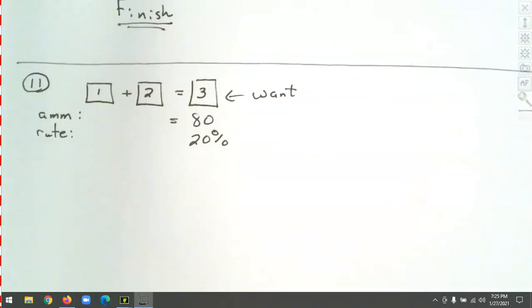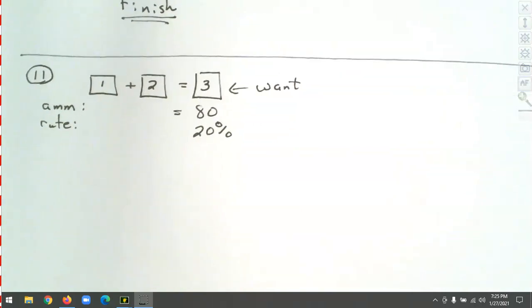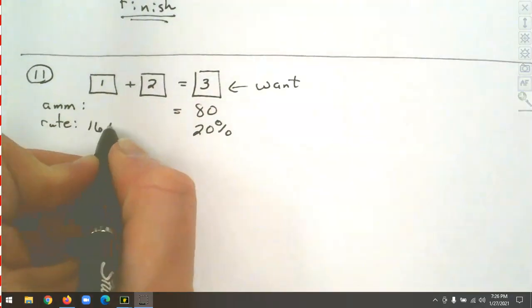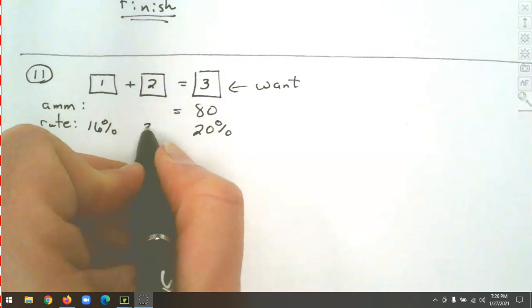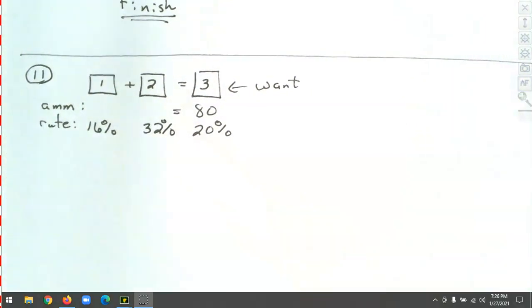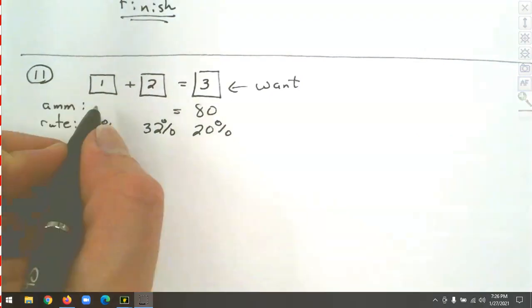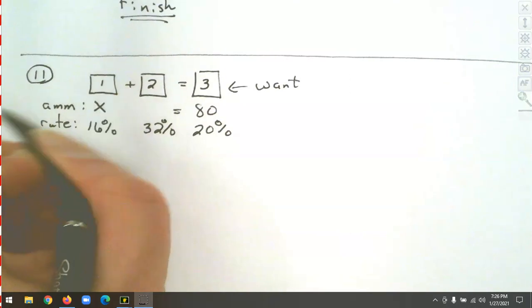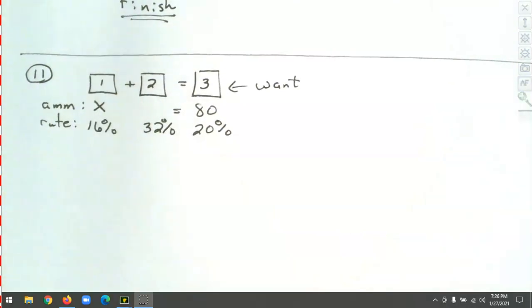What are we working with right now? Well, we've got a 16% solution and we've got a 32% solution. So those are the percentage rates. Do we know how much we have of the 16%? No, so that's unknown.